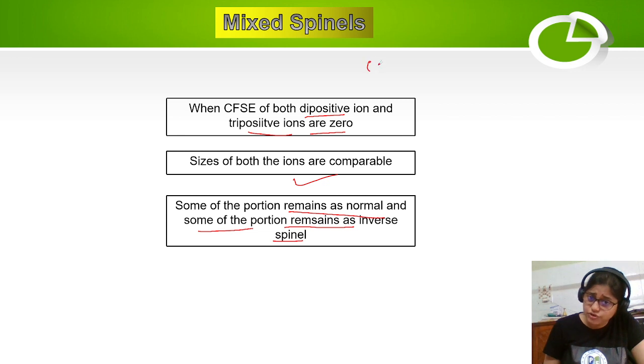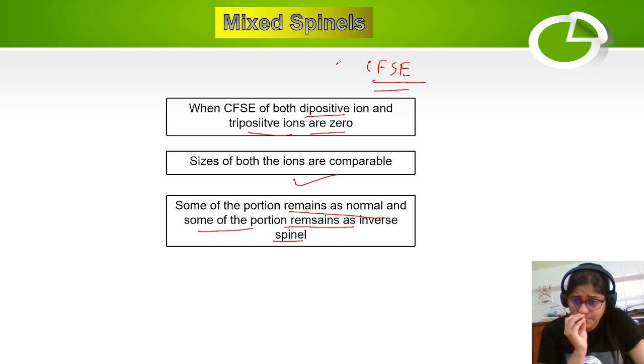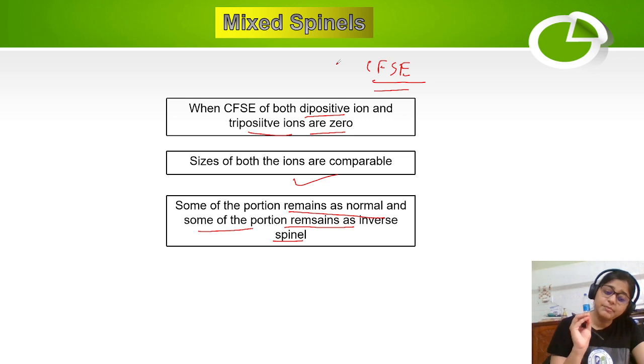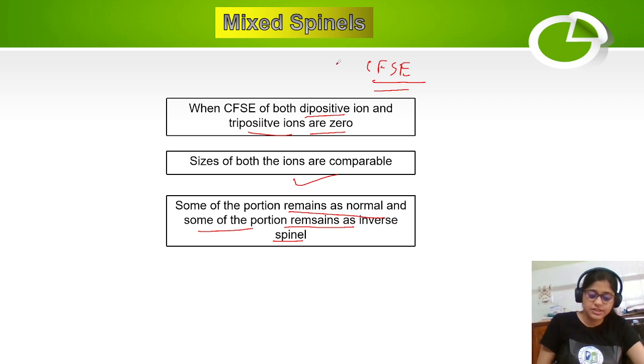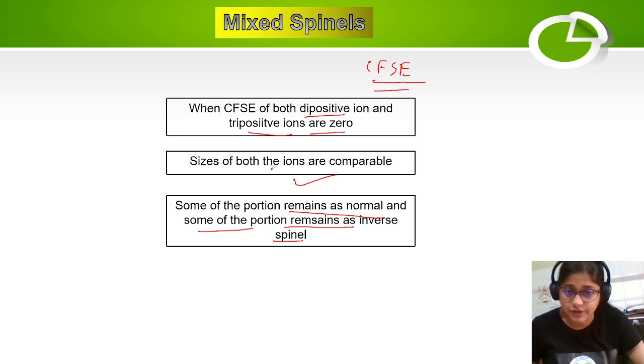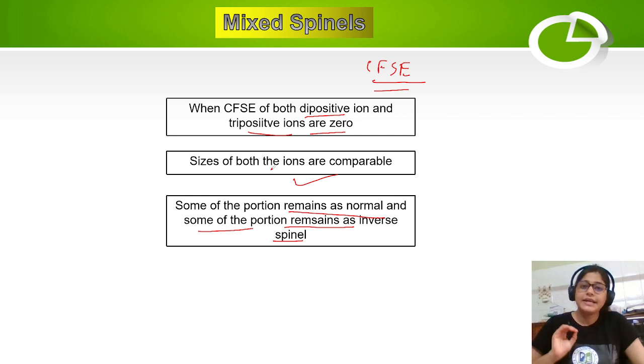The CFSE is also 0 and the size matters, because of the lattice energy. When it is in the octahedral void, for the case of 3+ ions, the lattice energy is high. So that will be a differentiating case when the sizes are different. Okay, so the lattice energy is an important thing for those cases.